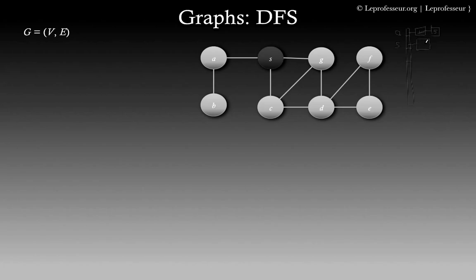Say for example, S is connected with A, S is connected with C, S is connected with G. You can fill up all the other entries in the adjacency list.